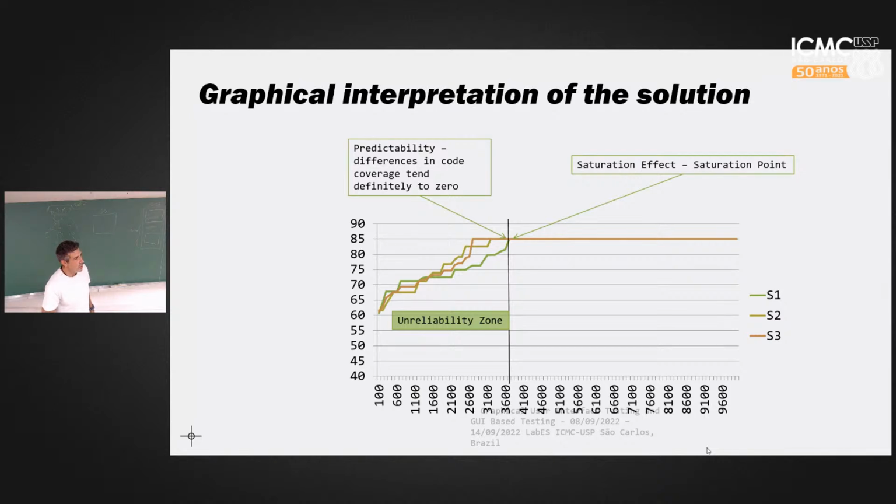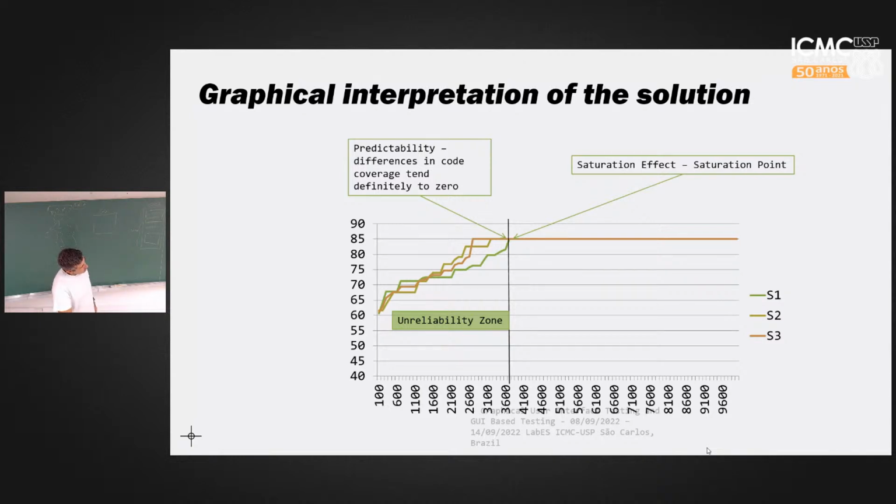If I execute more executions, I have different results. As a tester, I want that when I execute a testing process, I always have the same result. I have to trust my testing process.